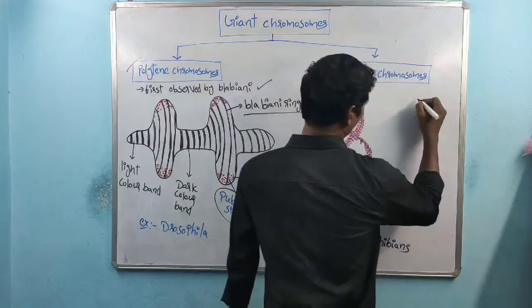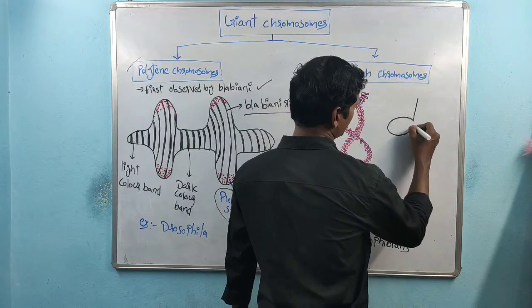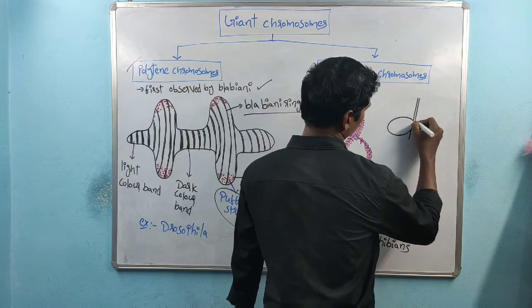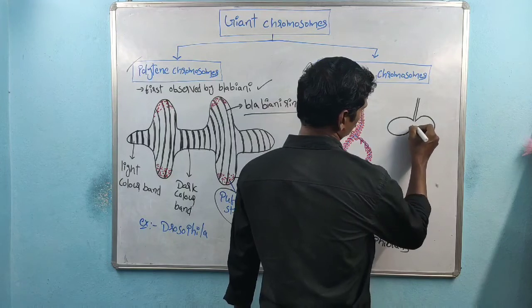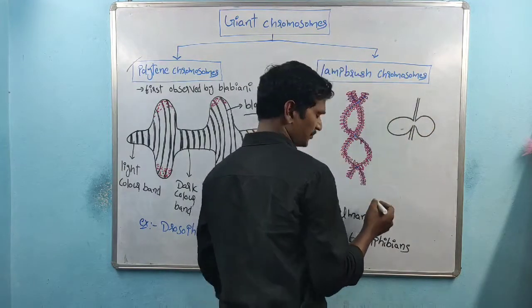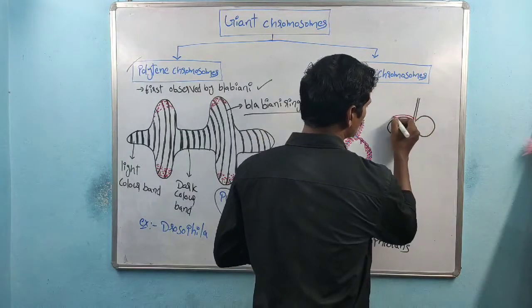In the lampbrush chromosome, there is one particular axis, right? Suppose this is one part of the chromosome. Around this structure, a matrix is produced.